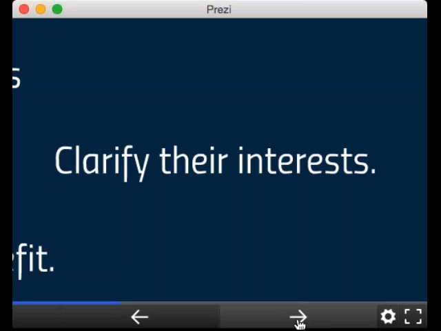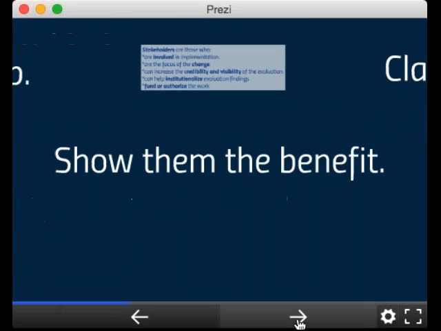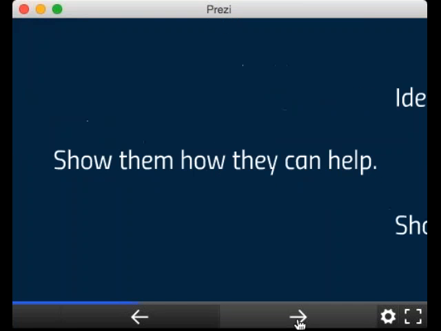Part of that conversation would involve the next step, which is showing them the benefit of the evaluation, right? What can they get out of it? We are trying to increase their willingness to participate and to work with us. That's part of the institutionalization and part of increasing our capacity and sustainability. So showing them how it helps them.